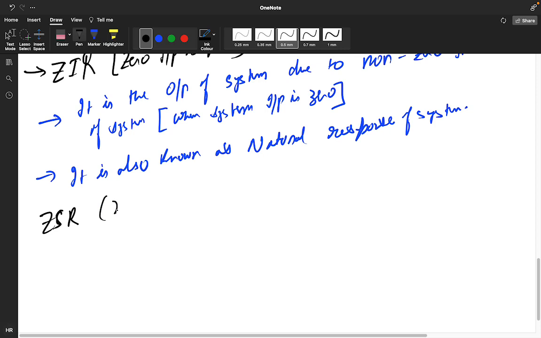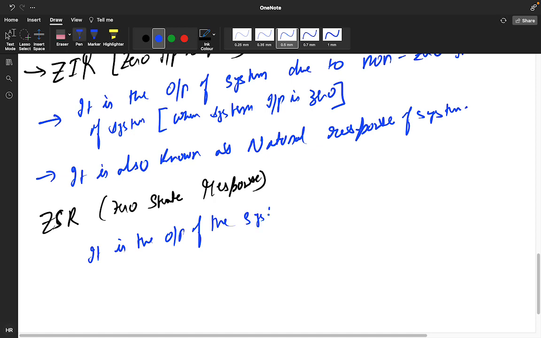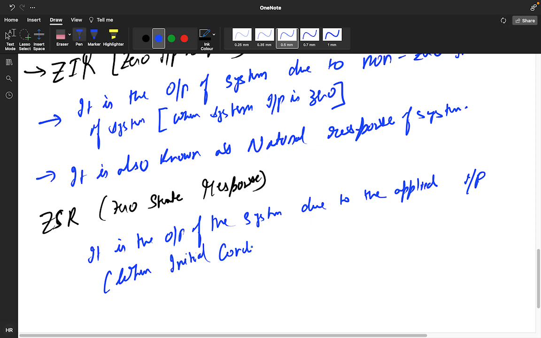It is the output of the system due to the applied input when initial conditions are 0. It is also known as the forced response of the system.